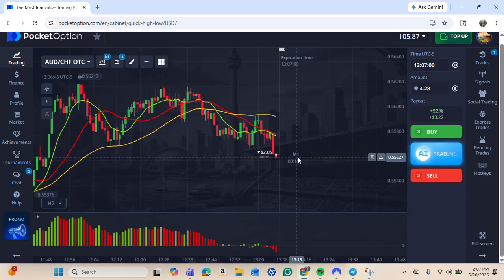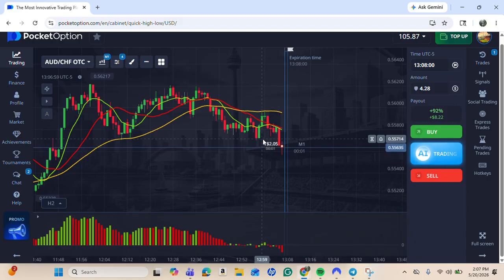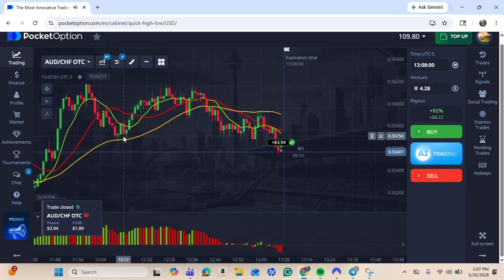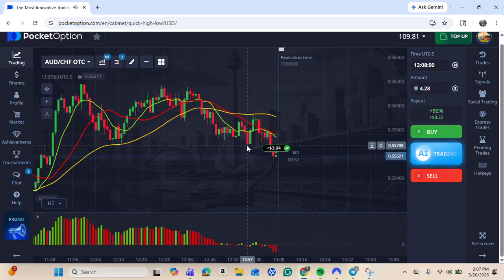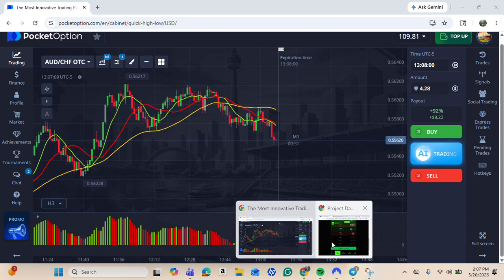It's a break, a close below. It's a two touch. This is from the third touch. It closed below. It's not like it touched here and then closed above. So yeah, and we won that one.